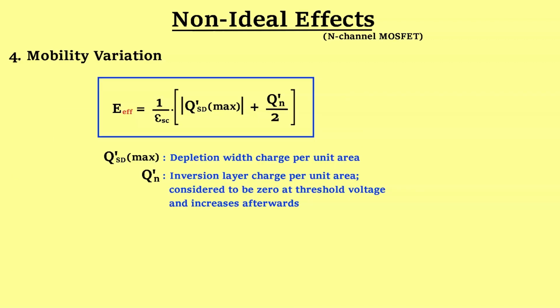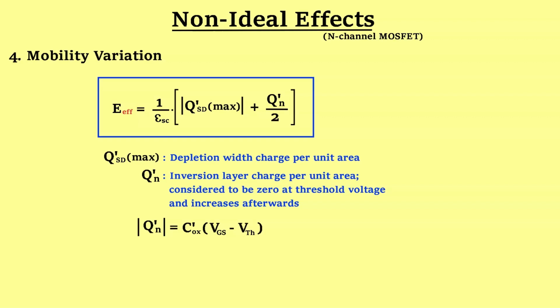The effective electric field is equal to the modulus of charge present in the depletion width per unit area plus half of the charge in the inversion layer per unit area, whole divided by the permittivity of the semiconductor. The magnitude of charge in the inversion layer per unit area is equal to capacitance per unit area times applied gate to source voltage minus threshold voltage.